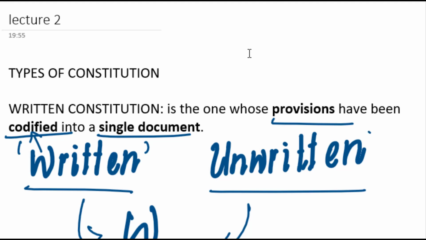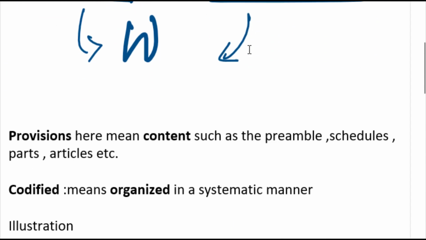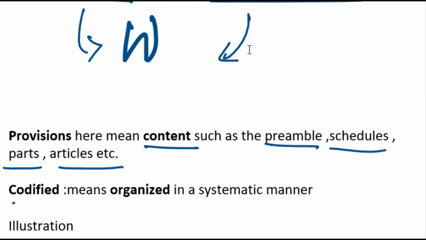Which is not the case with the unwritten Constitution. Provisions here, as discussed in the last lecture, mean the content such as the preamble, schedules, the parts, articles, etc. And codified means being organized in a systematic manner.